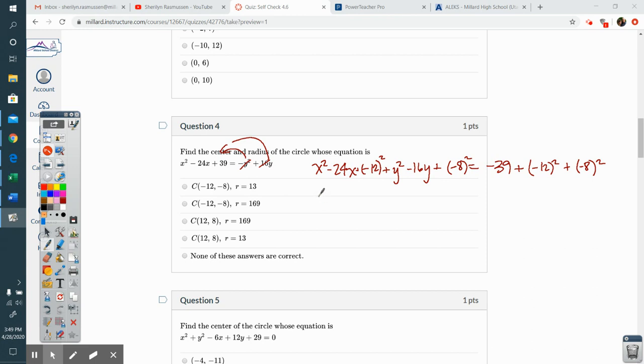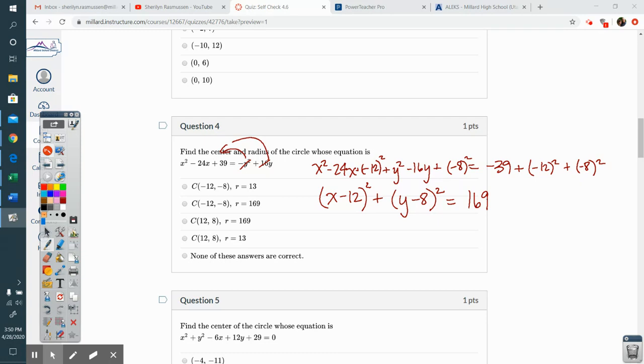So on this side, it creates (x minus whatever that number is) squared plus (y minus whatever that number is) squared equals, now combine those together: negative 39 plus (negative 12) squared plus (negative 8) squared. And on this side we get 169 when you add all that together.